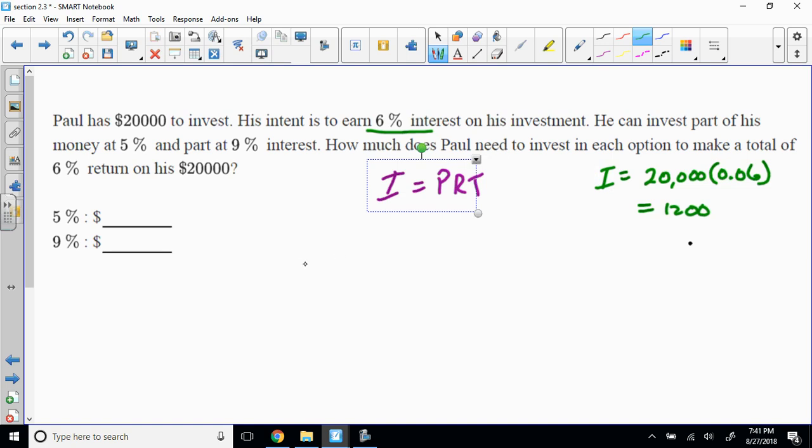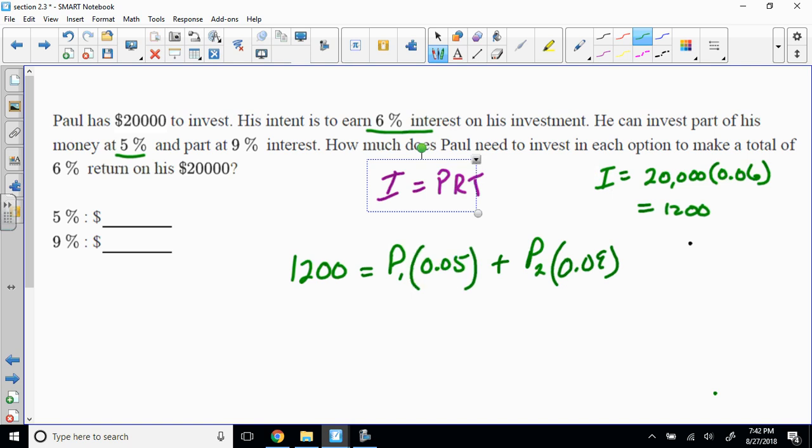So you got 1,200 bucks in interest equals P1 times 5%, right? Plus principal 2 times 0.09, right?